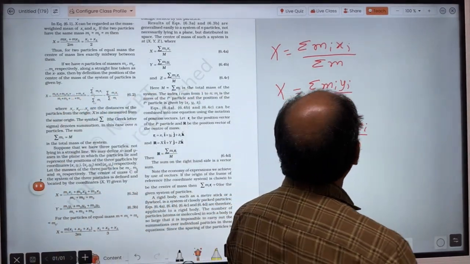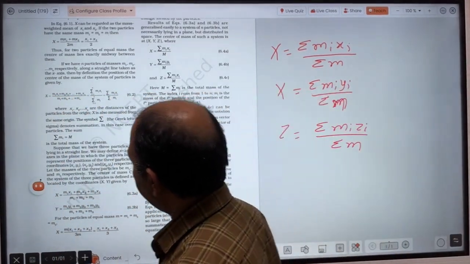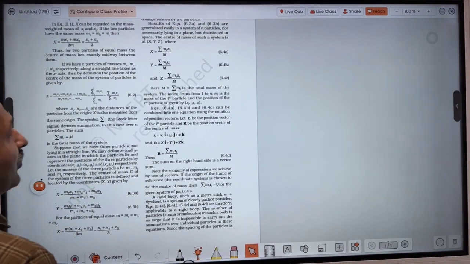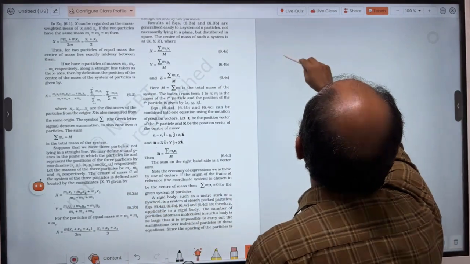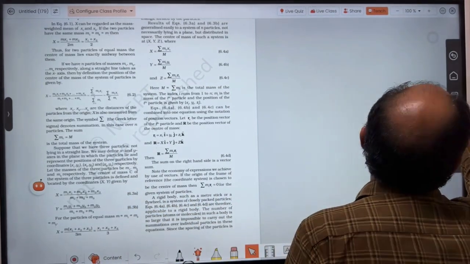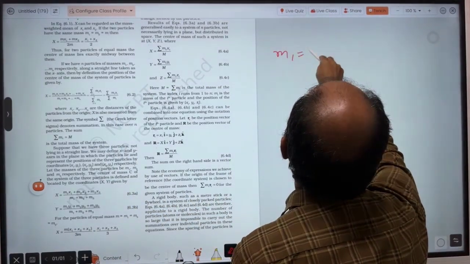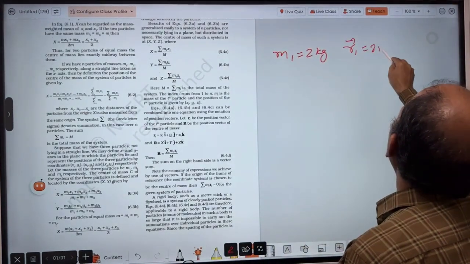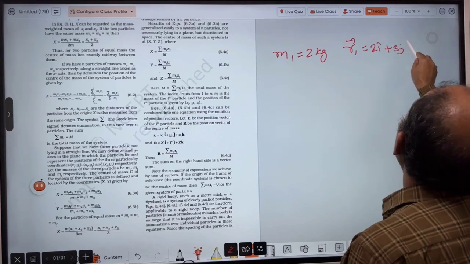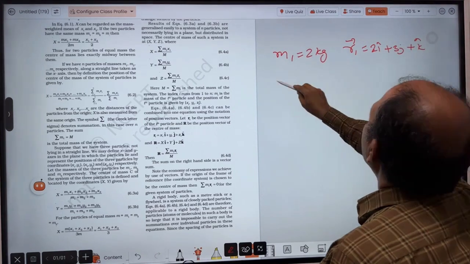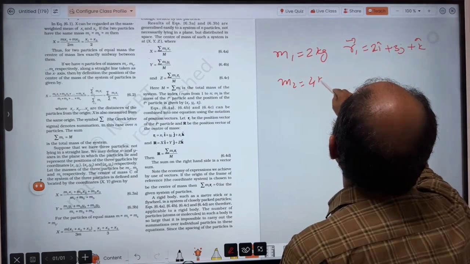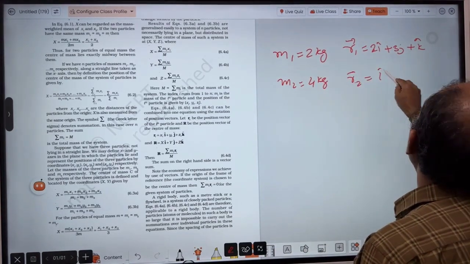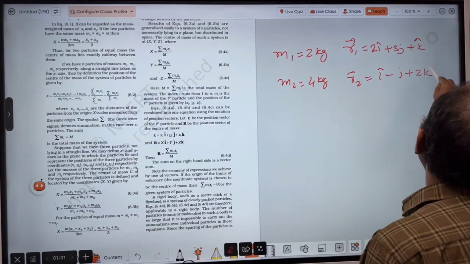Now if it is given in vector form, then also it is possible that different masses are given and their position vectors are given. Suppose m1 is 2 kg and its position vector r1 is say 2i cap plus 3j cap plus k cap, and m2 is 4 kg and vector r2 is given as i cap minus j cap plus 2k cap.